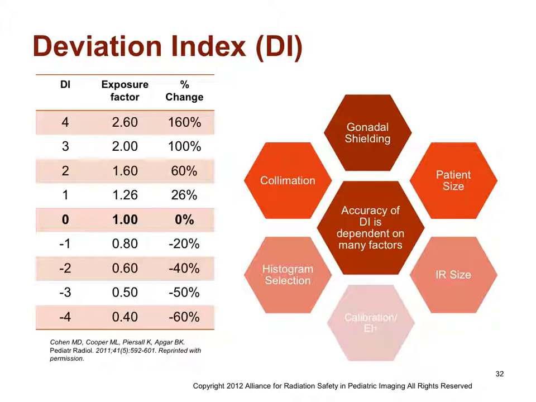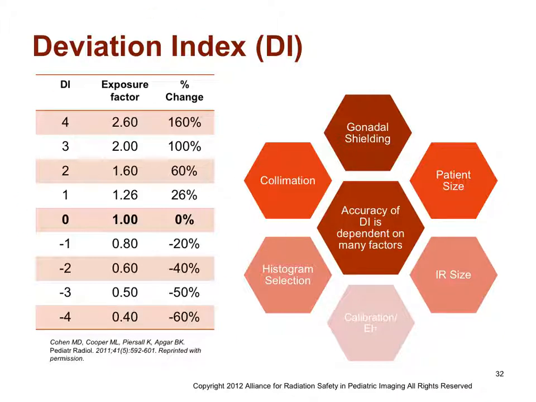Then you can see there are some differences, and this is where the logarithmic scale comes in. So you can see that a +1 is a 26% overexposure, and a -1 is a 20% underexposure. It will be good to memorize this particular table.